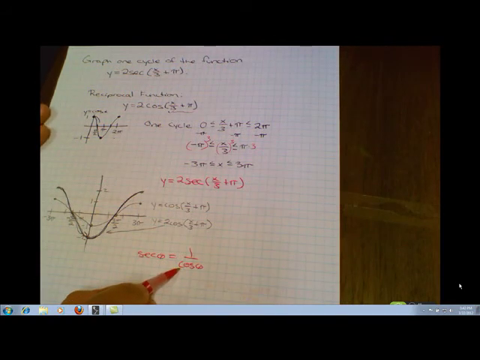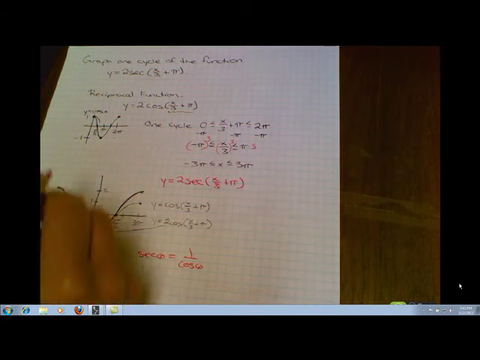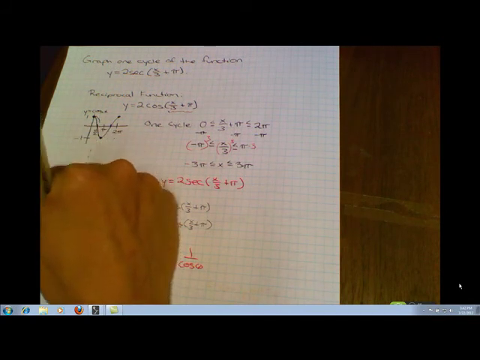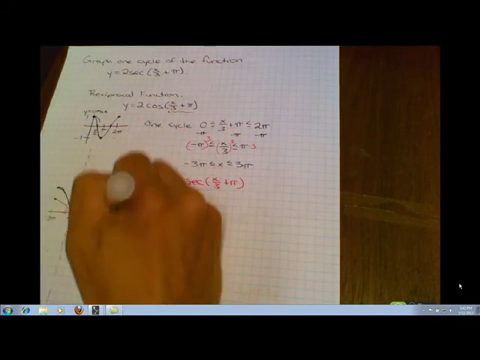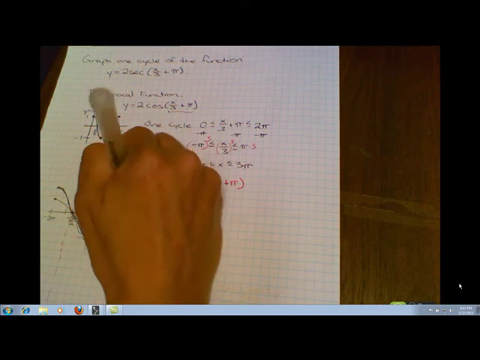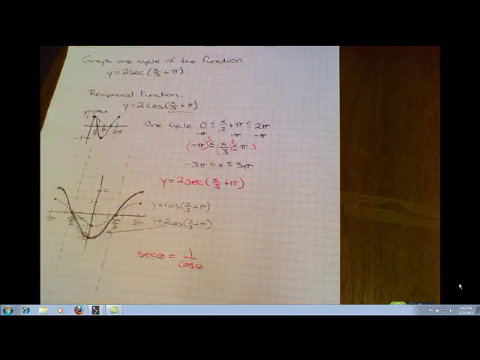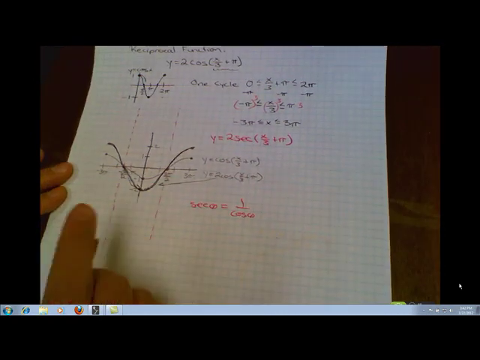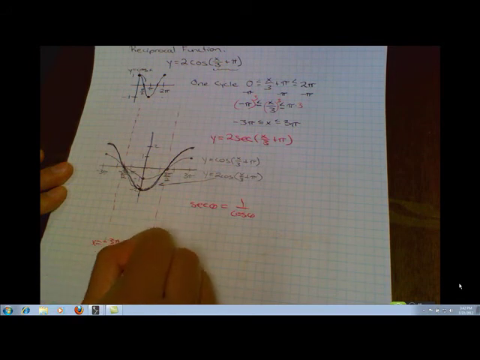Now let's remember that secant is the reciprocal of cosine. So let's just think about when cosine is 0. Now you remember from when we were graphing rational functions, when the denominator is 0, we often have a vertical asymptote. And that's what's going to happen here. Where cosine is 0, so at the x-intercepts, we get a vertical asymptote for the graph of secant.